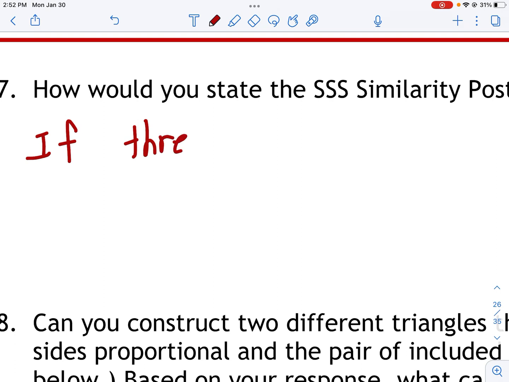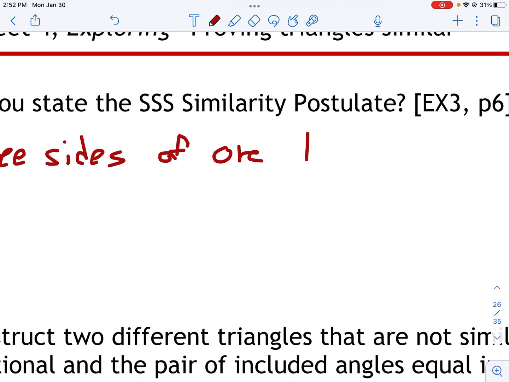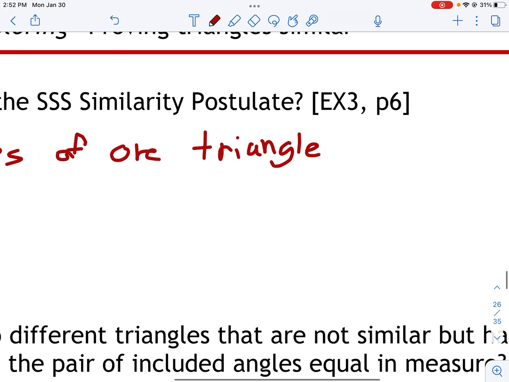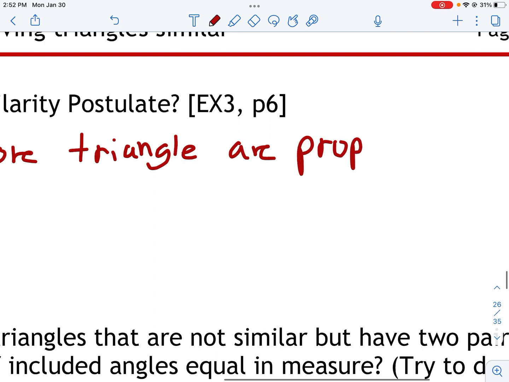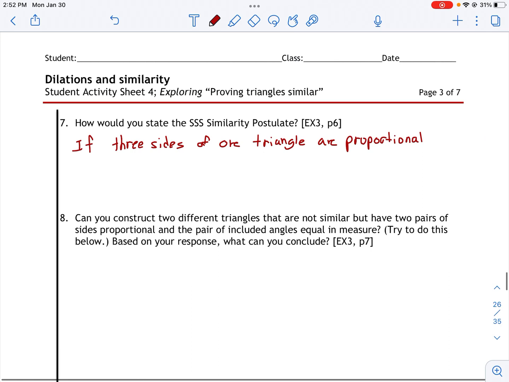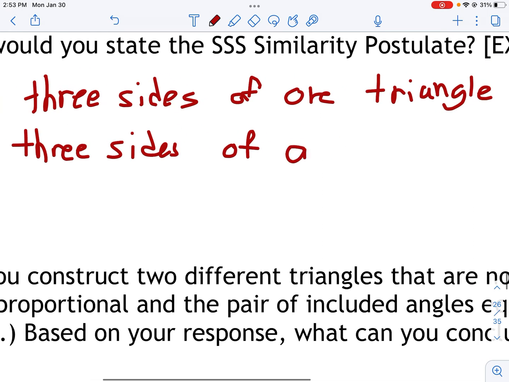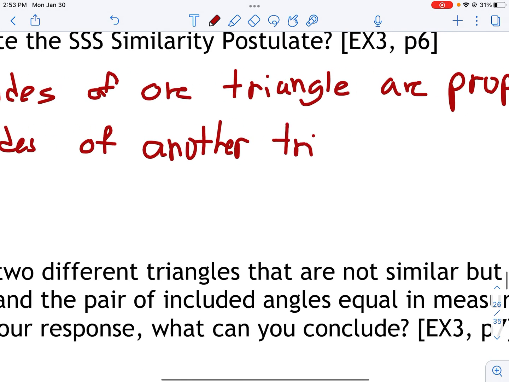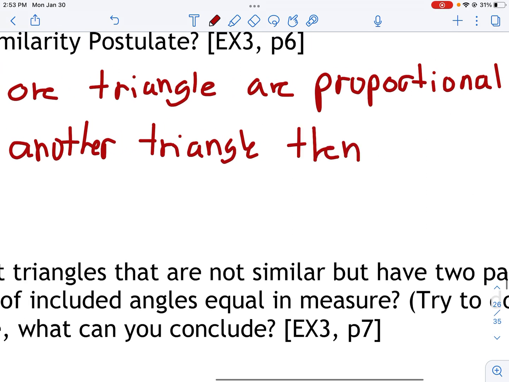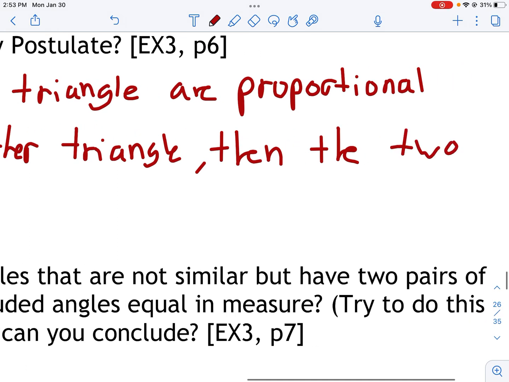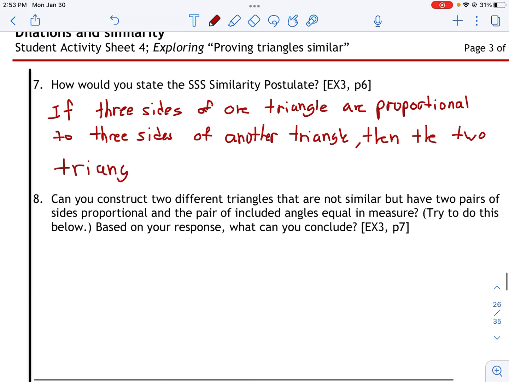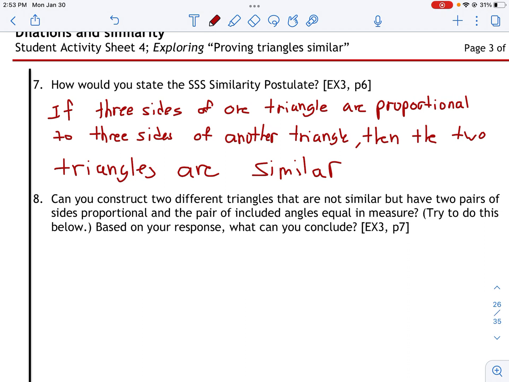What we would say is: if three sides of one triangle are proportional to three sides of another triangle, then the two triangles are similar.